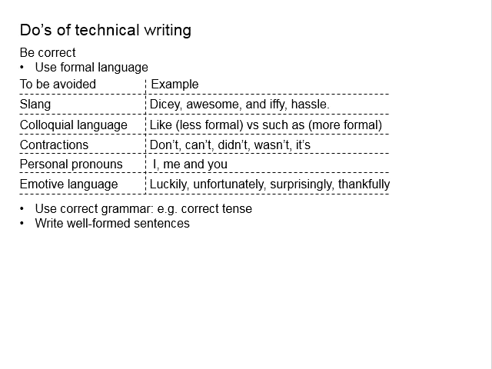When you are giving an example, such as will be more formal, like will be less formal. Therefore, next time when you need to give a list of examples, instead of using like, maybe you should just use such as. Contractions like don't, can't, didn't, wasn't should be avoided.